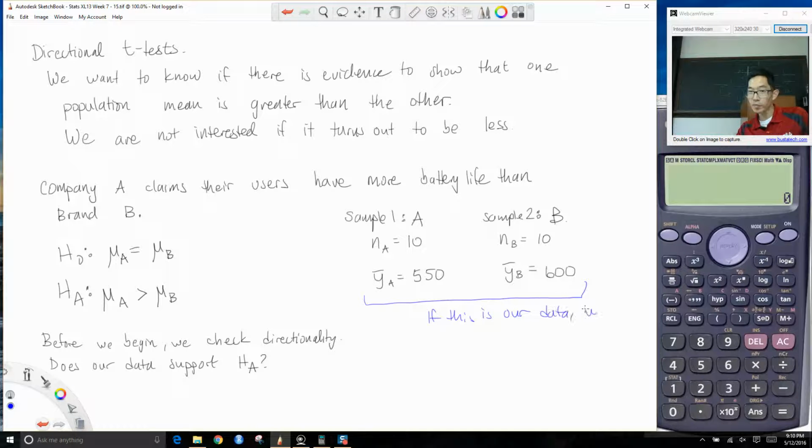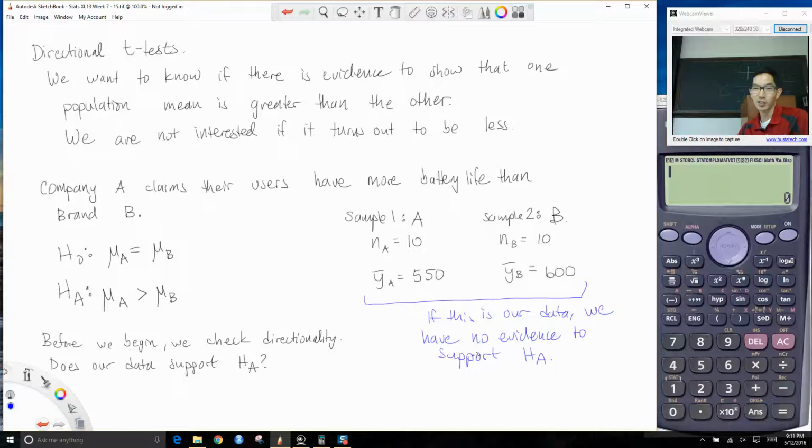We have no evidence to support the alternative hypothesis. So here automatically we would not reject the null.